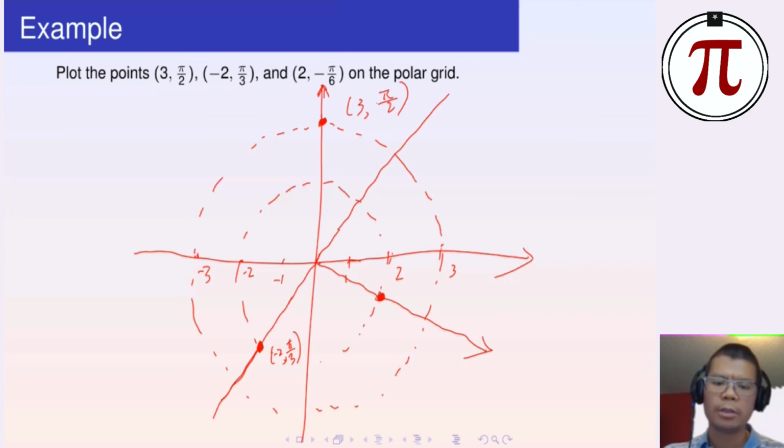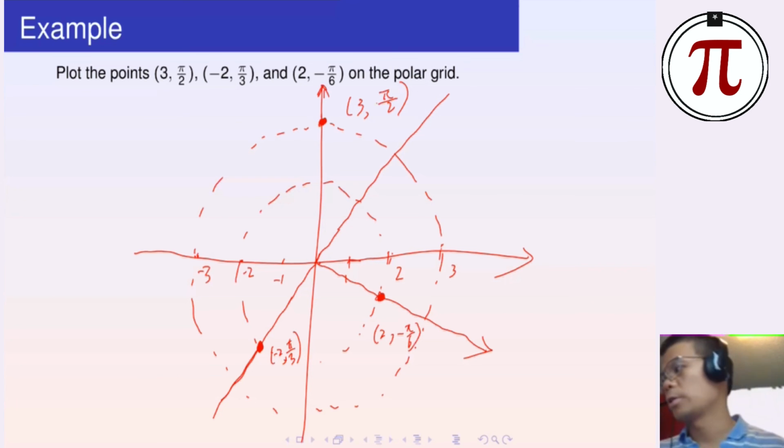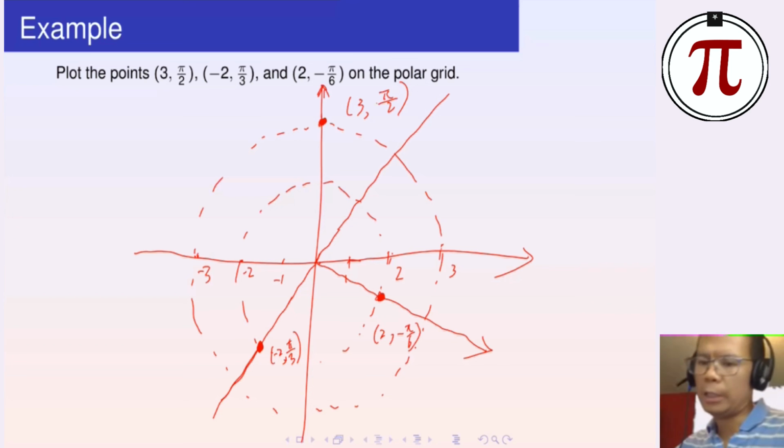So these are 3 points in the polar grid. So you can see that given the radius and also the angle, it determines the location of the point. Very good.